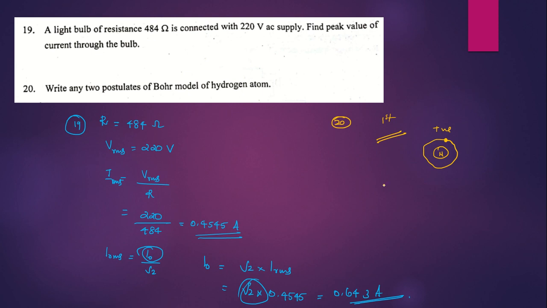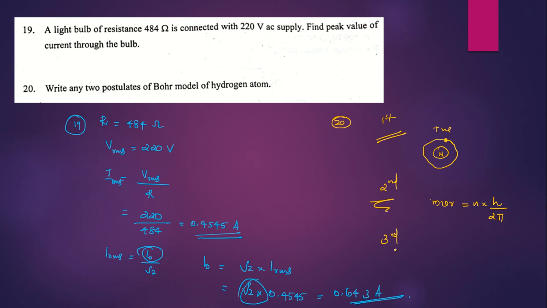The second postulate is that the electron moves in certain discrete orbits called the stationary orbits, for which the total angular momentum of the moving electron is an integral multiple of h by 2 pi. That is, mvr is equal to n into h by 2 pi.